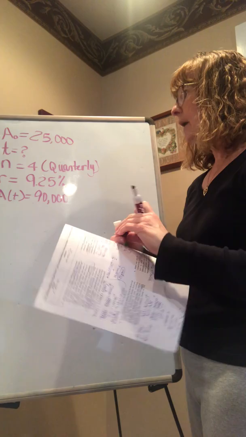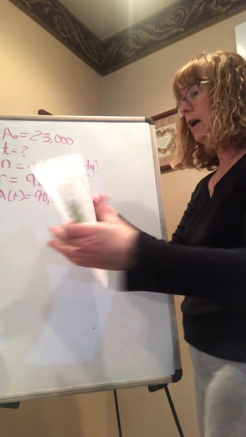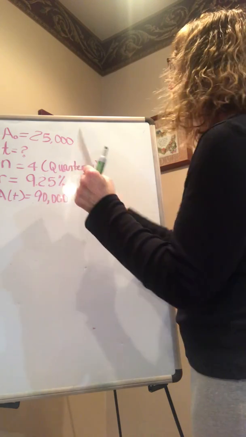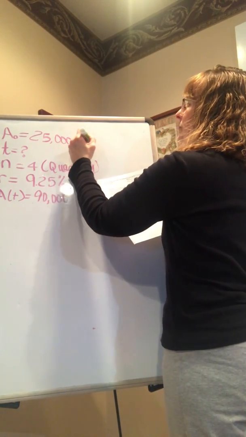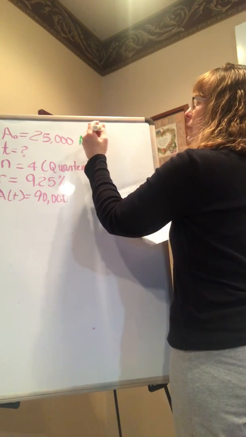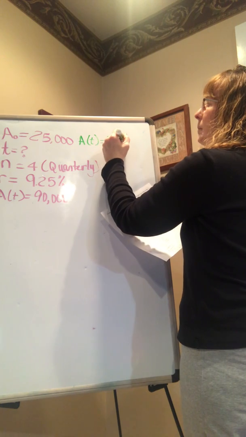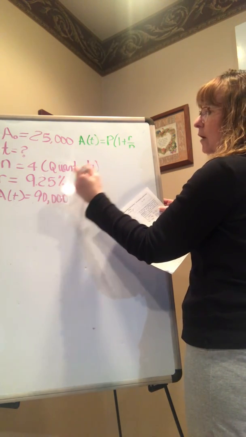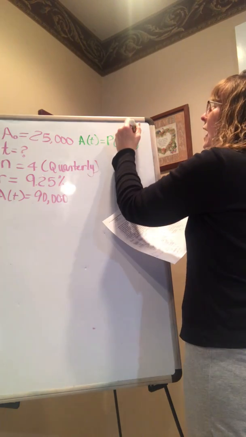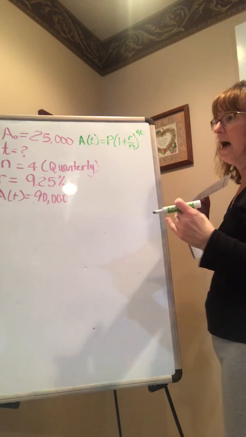So when we're compounding quarterly, we have to go and use the middle formula, which says the amount over time is equal to the principal, which is this guy here, 1 plus the interest rate divided by the number of times, which is now going to be the 4. And then we did it 4 times a year for every year that we have it.